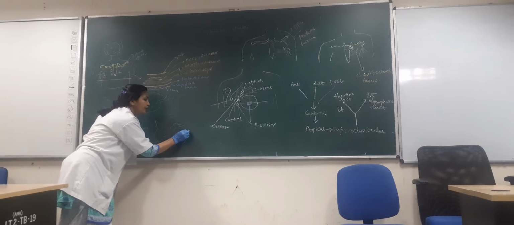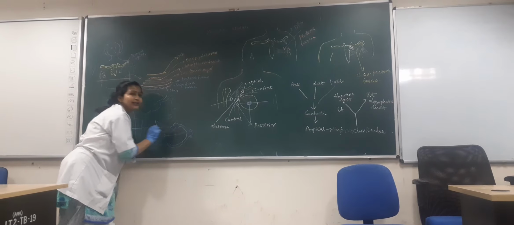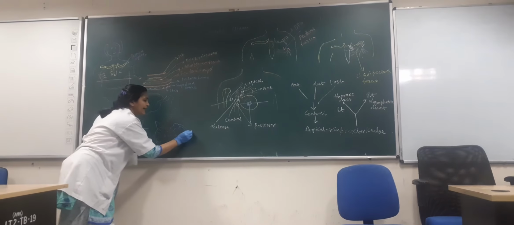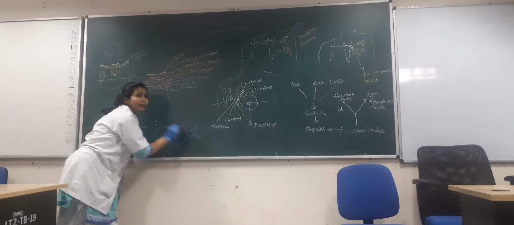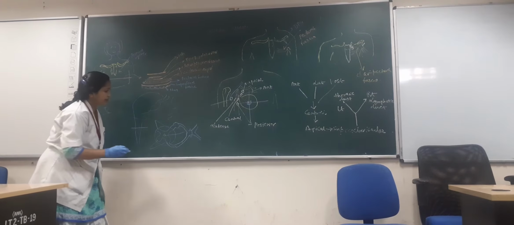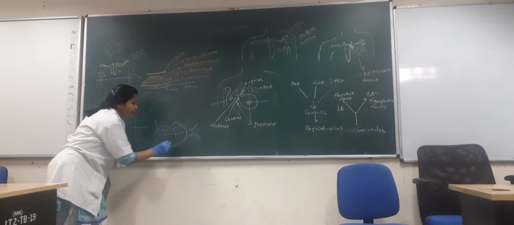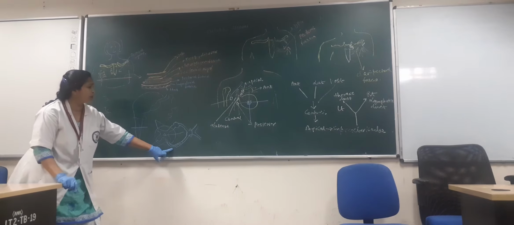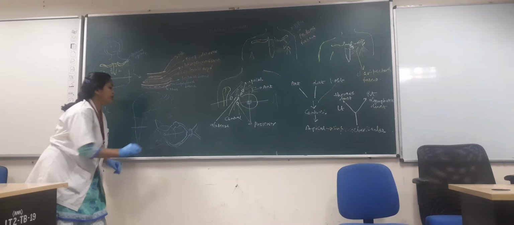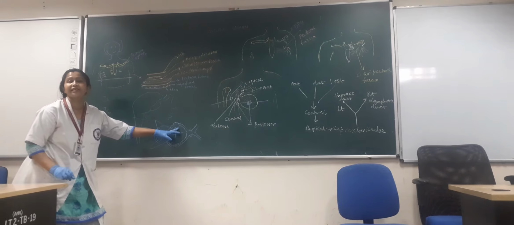Both these roots unite to form one spinal nerve, which again divides into ventral and dorsal rami. The ventral root is purely motor, and the dorsal root is purely sensory.